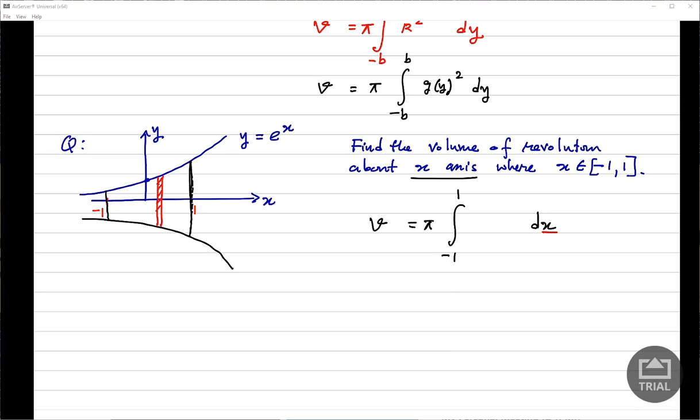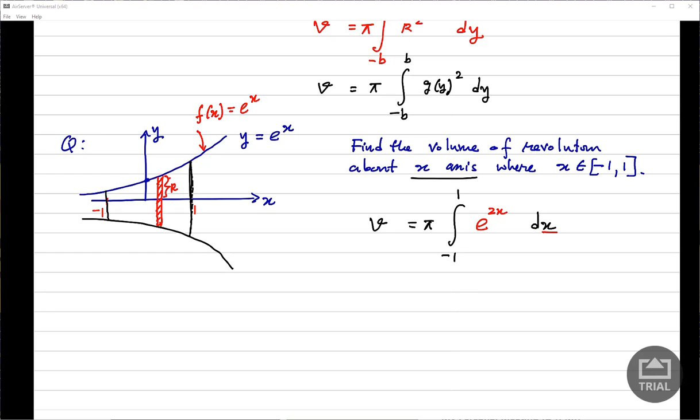When you take a disk like this, you will see that this part would be your R. And you will understand that R is nothing but your function, f(x), and f(x) is e^x. So R is equal to e^x, right? So it's going to be e^(2x).